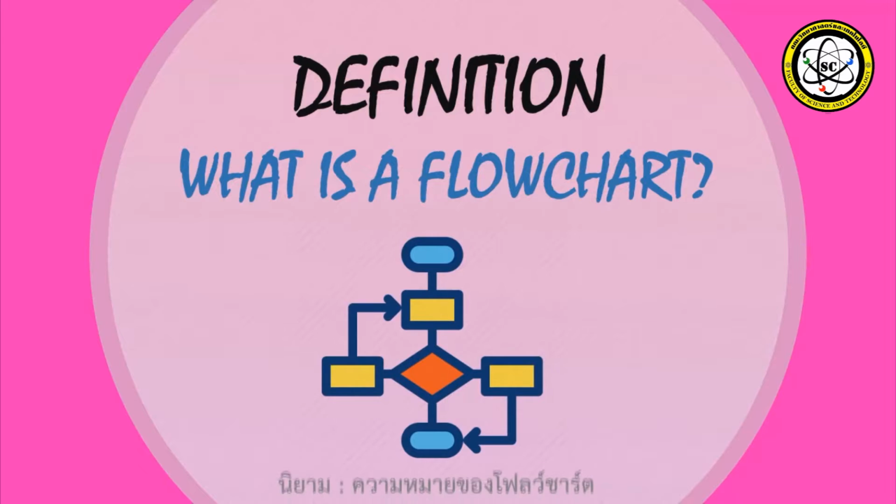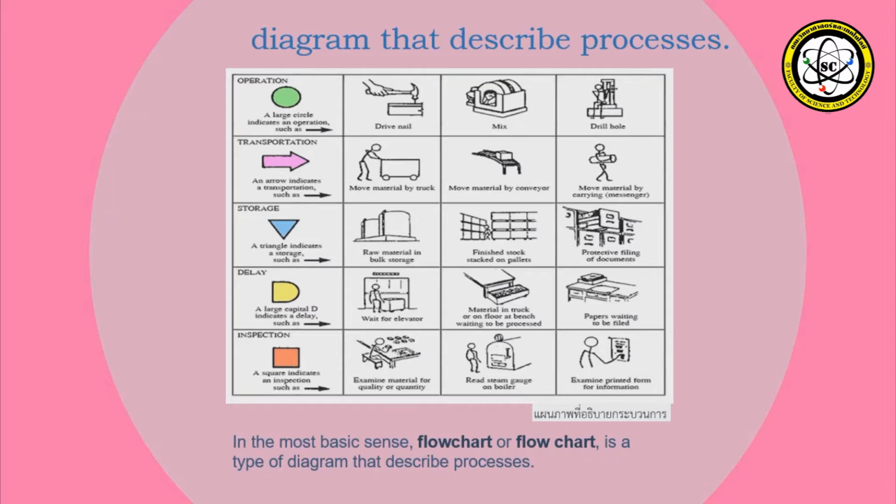Definition. What is a flowchart? In the most basic sense, a flowchart is a type of diagram that describes processes.